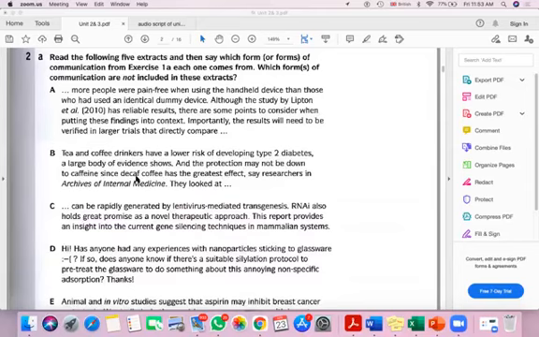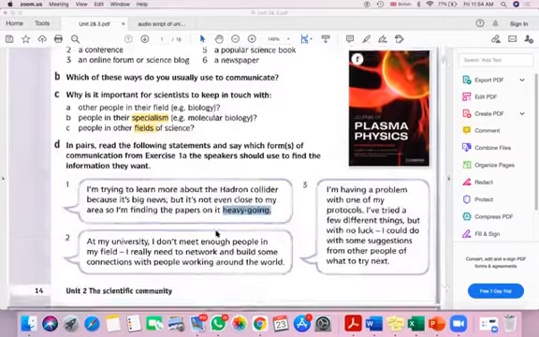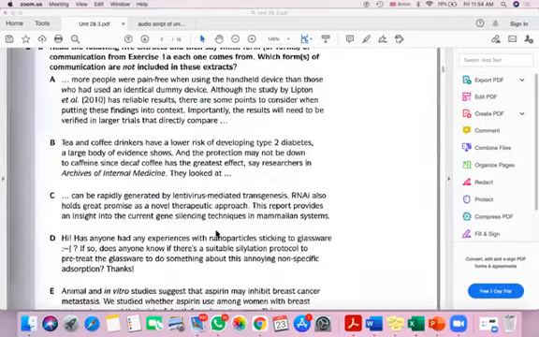So here we will read extracts, parts from different sources, right? Like for example, from an academic journal, from a conference, from online forum or science blog, popular science magazine, and so on. We will read these extracts and we will say we can find them in which source.